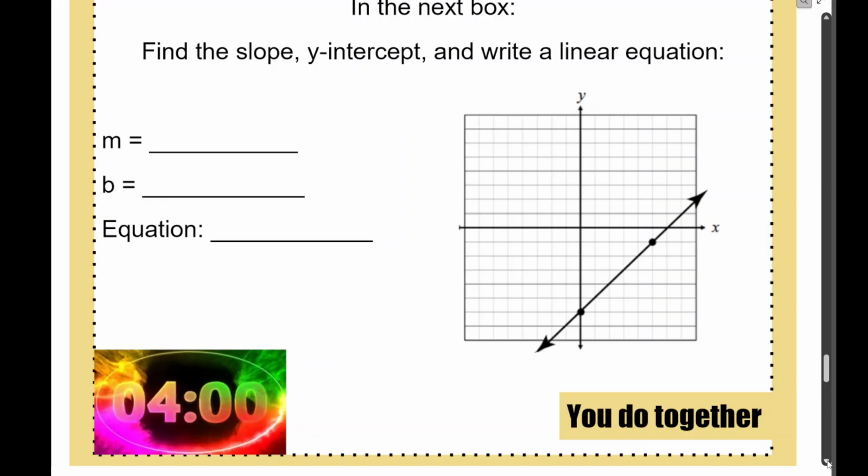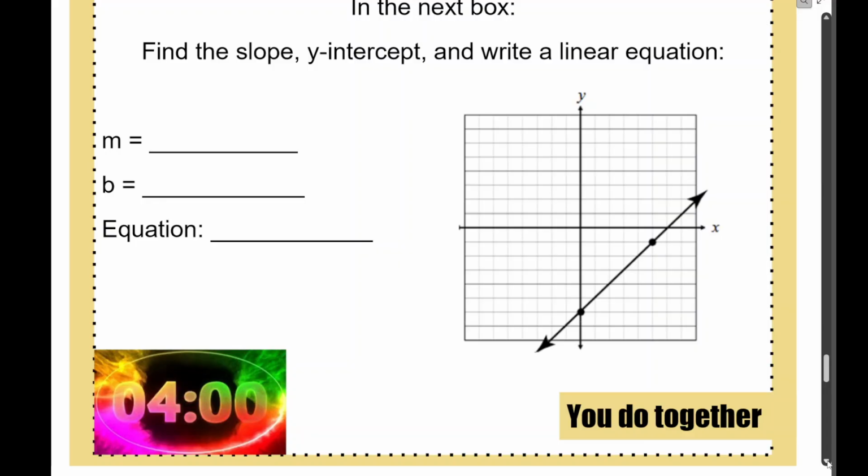I'm going to give you a chance to pause the video again. Okay, I'm going to assume that the video has been paused and you have had time to work on this independently, so let's go over it.